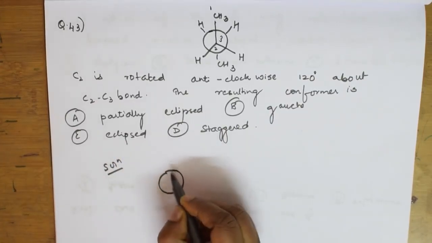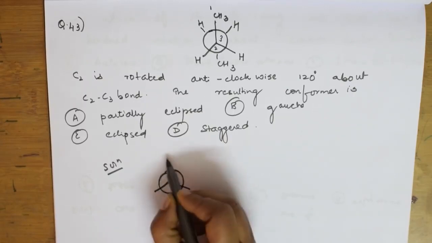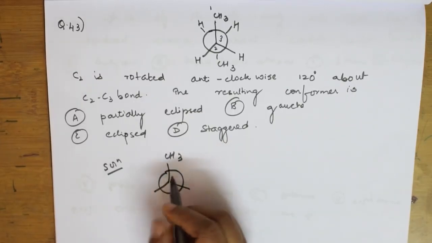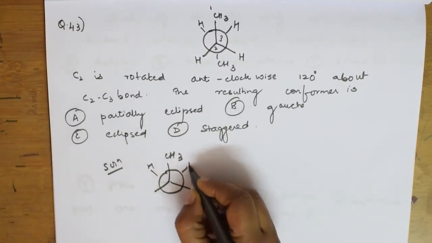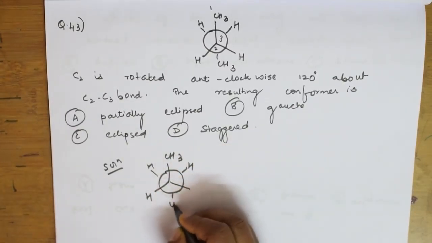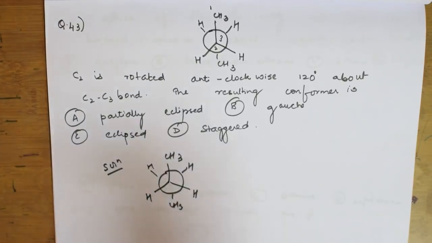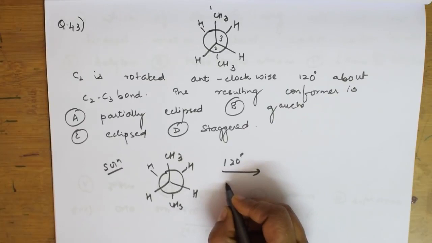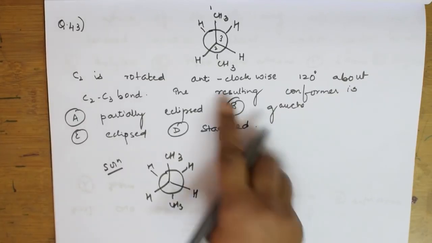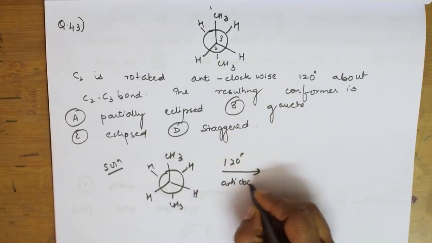Structure is here. CH3, H. This is hydrogen. This is hydrogen. CH3. This is H. Now we have rotated to which one? 120. So that is anti-clockwise direction. Anti-clockwise, because they have given here anti-clockwise.